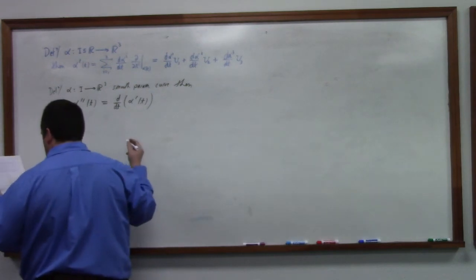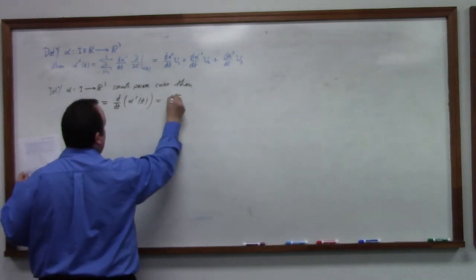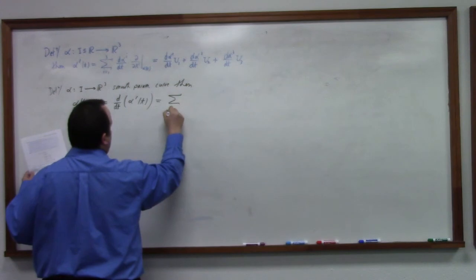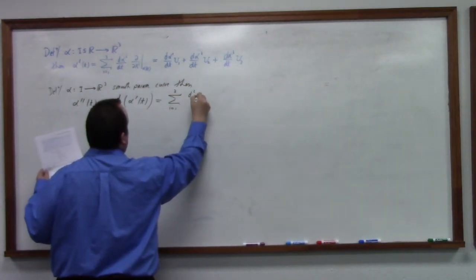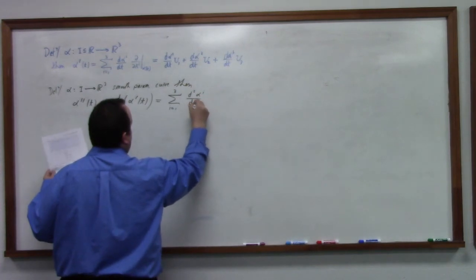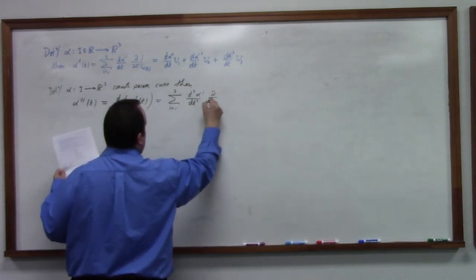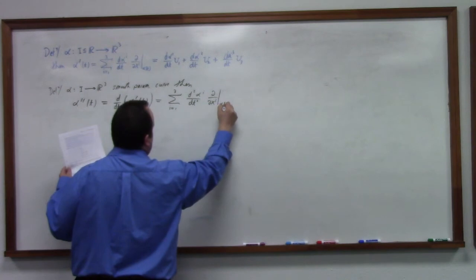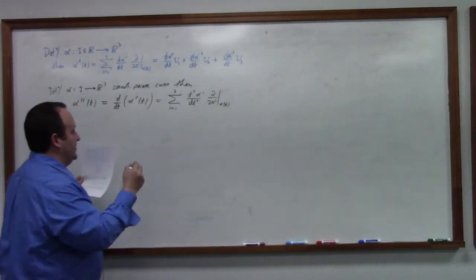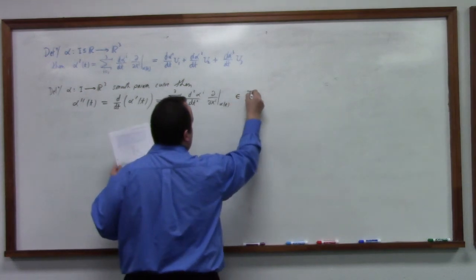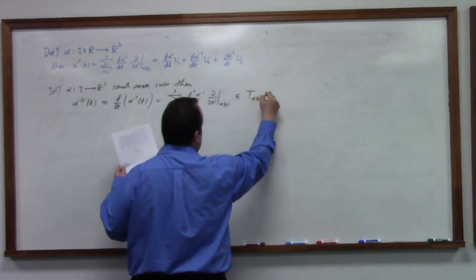This is equal to the sum, and what I'm about to write is nothing more than Calc 3, of the second derivative of alpha i at t, partial x i at alpha of t. This is an element of the tangent space at alpha of t of R3.